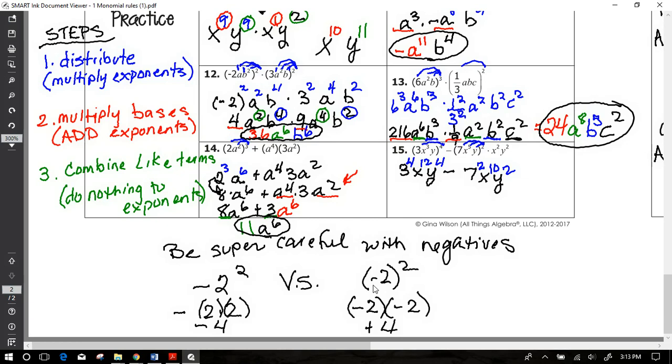Okay, now what I'm going to do is bring down what was in the back here, x squared, y squared. Okay, and now I'm going to go ahead and move on to my red step, which is multiplying bases. So when I'm doing that, I am only working with the term that's being multiplied together.